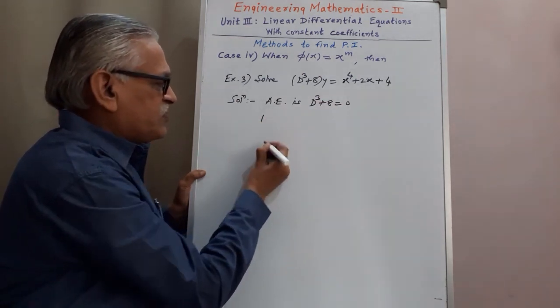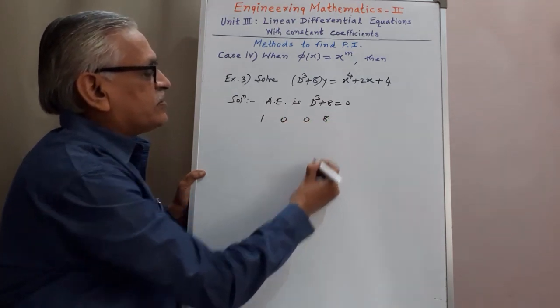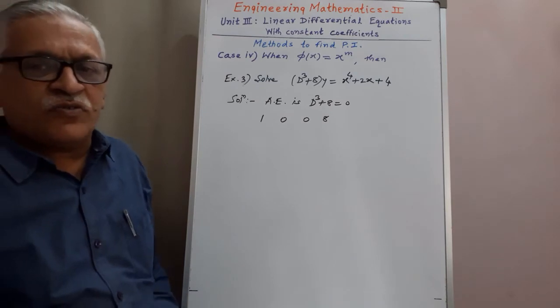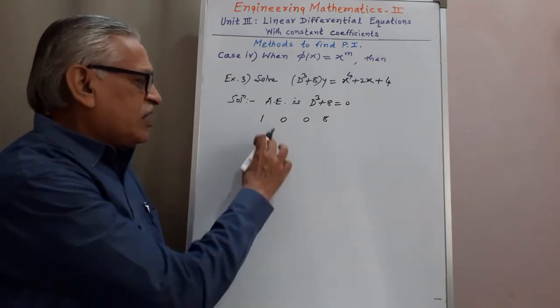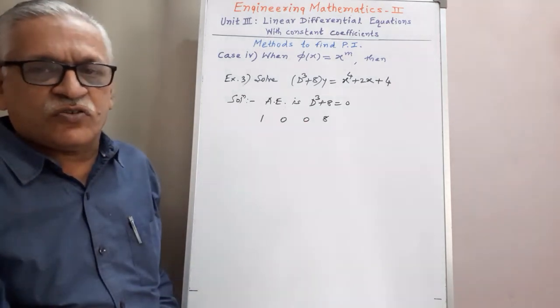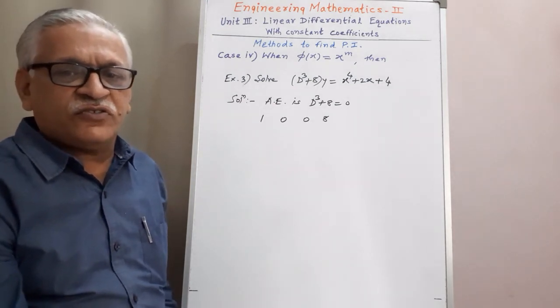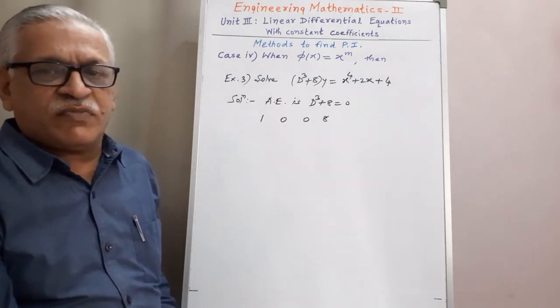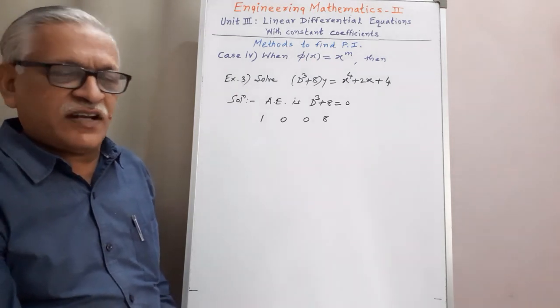D cube coefficient 1, D square 0, D 0 and plus 8. Here the sum of all coefficient is not equal to 0, therefore 1 is not the root, or alternate sum is also not equal, therefore minus 1 is also not the root. Therefore by trial and error technique, we have to check whether plus 2 minus 2 are the roots or not, or plus 3 minus 3 like this.